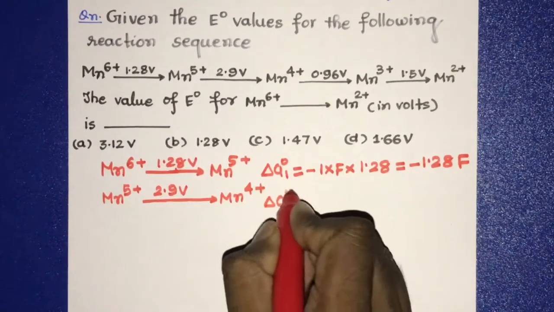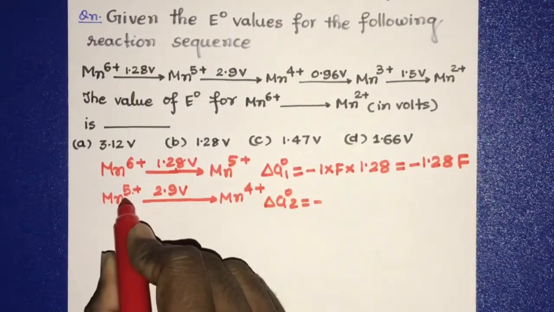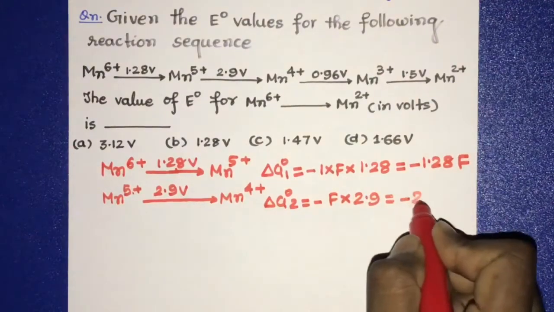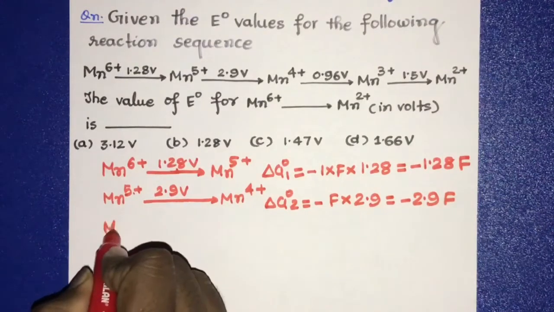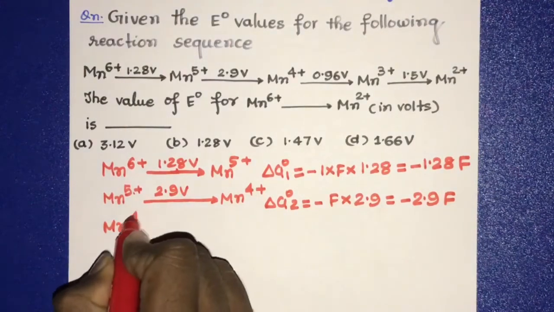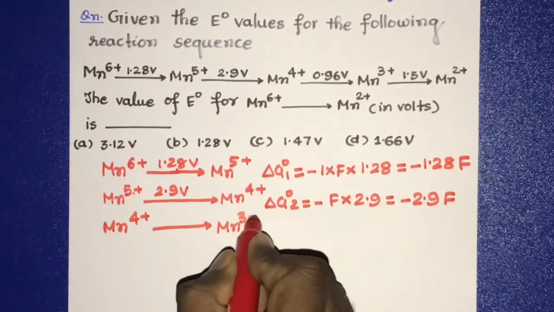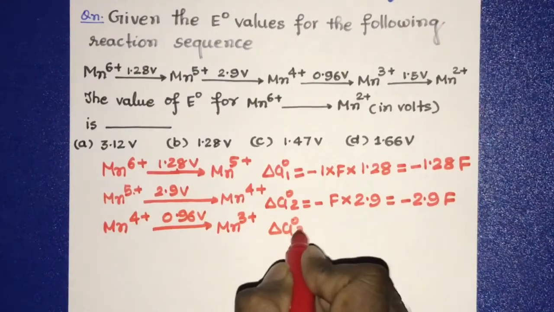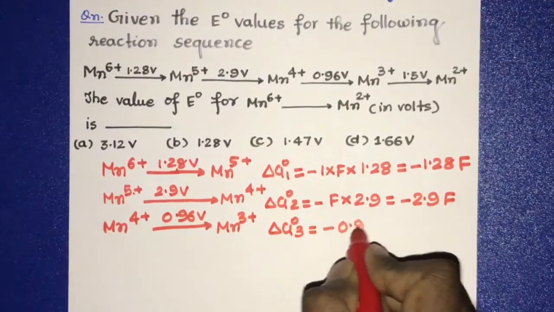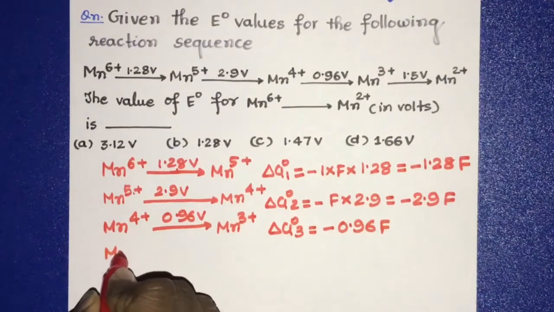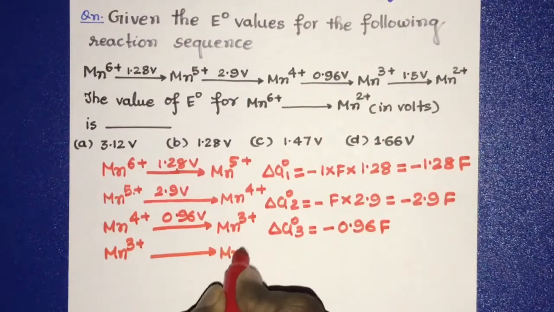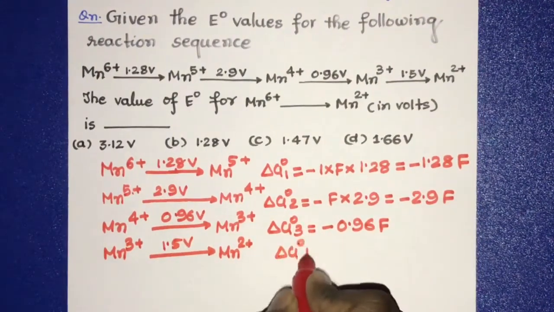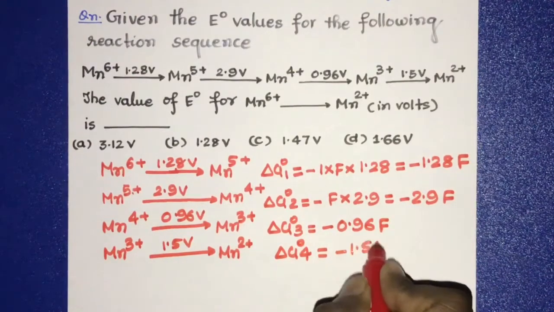So again delta G naught 2 is minus n, which is again 1, it has gained 1 electron, so 1 into F into E0 cell, that is 2.9 volt, so it is minus 2.9 F. Similarly Mn4 plus to Mn3 plus, it is 0.96 volt, so delta G naught 3 in this case will be minus 0.96 F. For Mn3 plus to Mn2 plus, value is 1.5 volt, so delta G naught 4 will be minus 1.5 F.